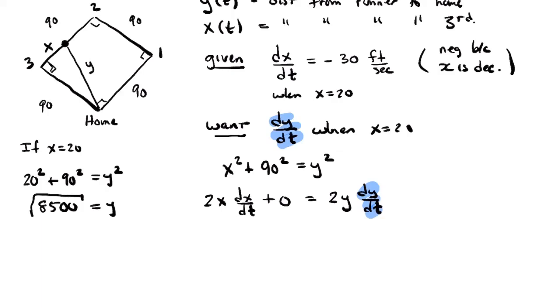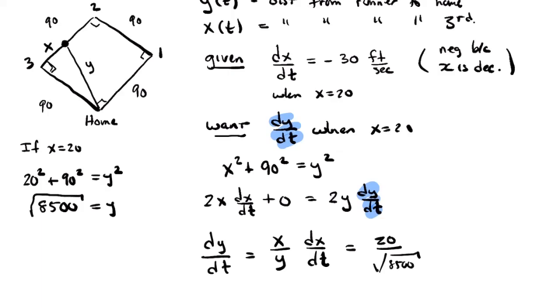So that's what I'm going to plug in for that y variable. Let's do the algebra. If we divide both sides by 2y, I'm going to write this as dy/dt equals x over y times dx/dt. And now we can start plugging in. x is replaced with 20, y is replaced with the square root of 8500, and dx/dt is minus 30.